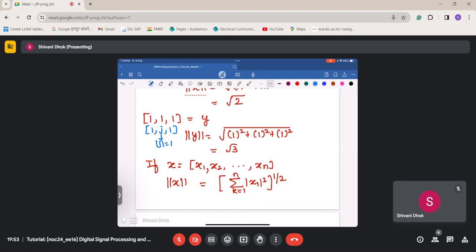So this is 2 norm. If you want to find the P norm, then this will be summation k running from 1 to n, magnitude of xk to the power p, to the power 1 by p, and this p should be greater than or equal to 1.